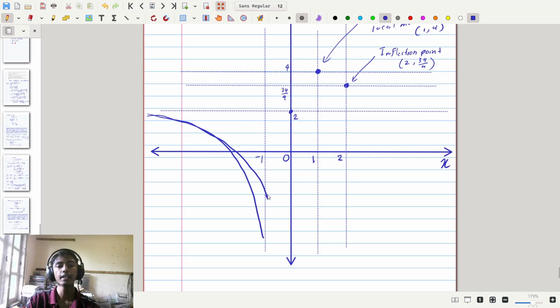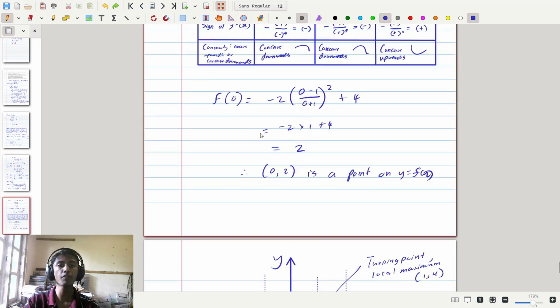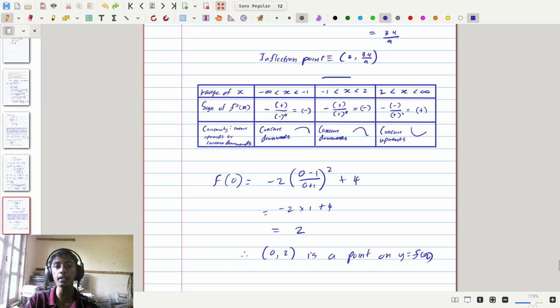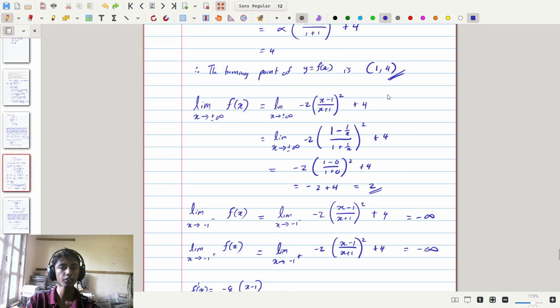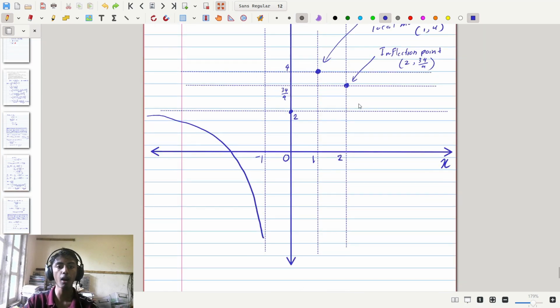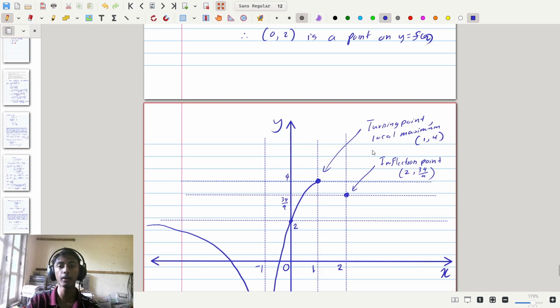Now after that, if we consider past -1 and consider going from -1 up to the maximum point at x = 1, our graph is always concave downward until that point, and it reaches a maximum at (1, 4). So due to that, our graph must go up. It must also pass through this point like so. So we can pass it like this and go up until the maximum at x = 1, y = 4.